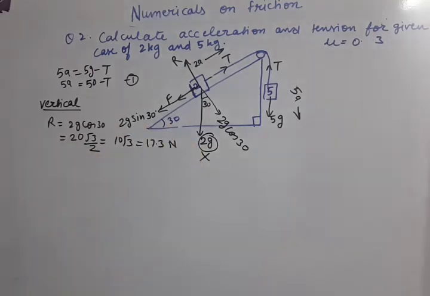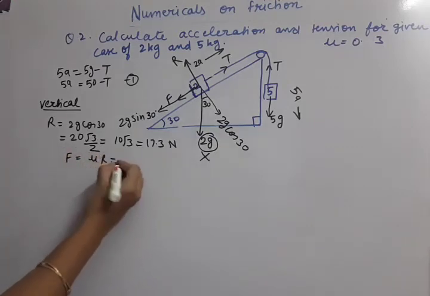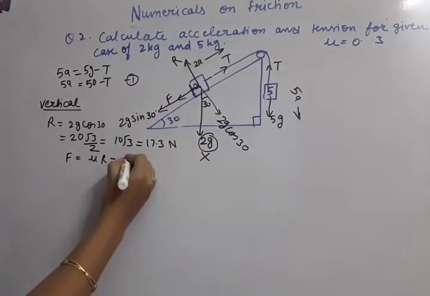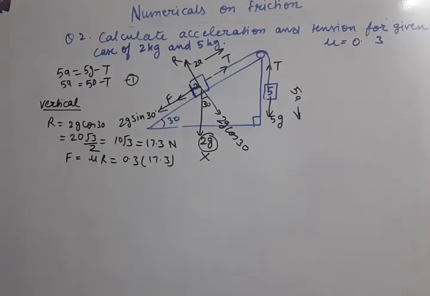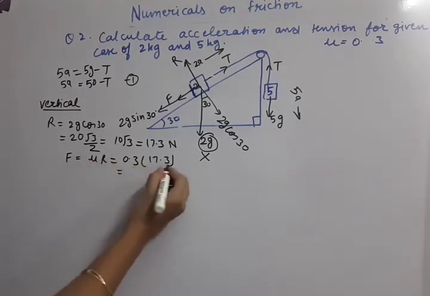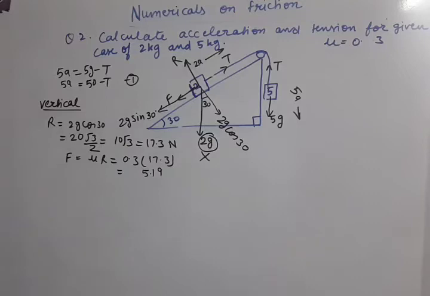R has been solved. We will require R because the force of friction formula is mu R. You already know that force of friction is mu R. Mu is given 0.3. R we have solved as 17.3. If we multiply it, 5.19 Newton is the force of friction.